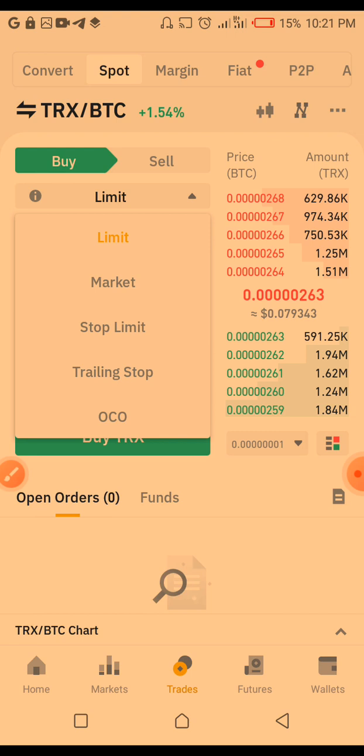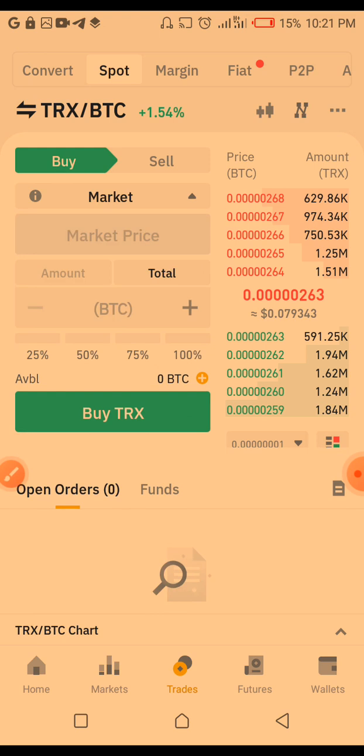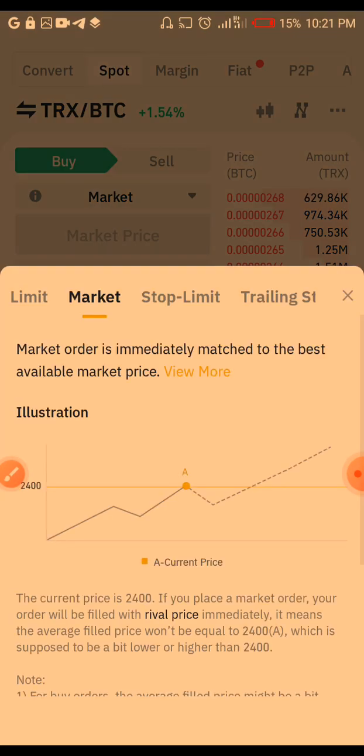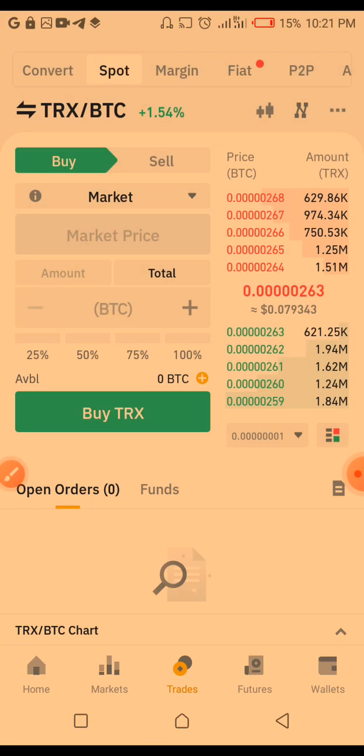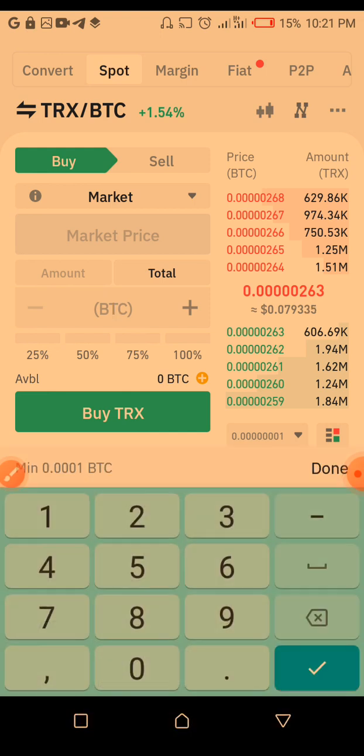So you don't have any choice at this point if you select market. Wherever you enter here, let's say you want to buy TRS, you will not see any option of entering the amount of TRS you want to buy.